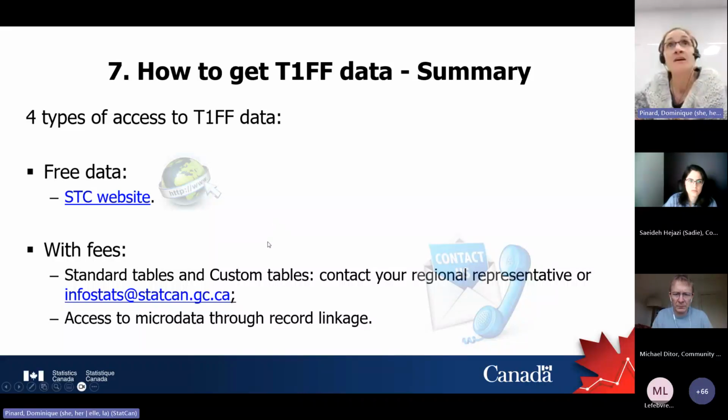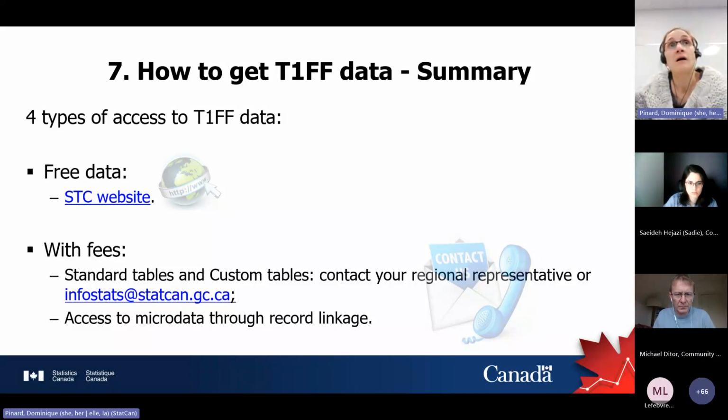So here I talk about how to get TIF data. And as I mentioned at the beginning, I'm not going to spend a lot of time on this. I believe that there's various ways for your group to actually access that data. But I will mention that there is free data of the TIF that's available through the StatsCan website. There's a link in the presentation, and this is free data.